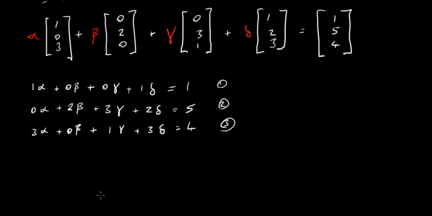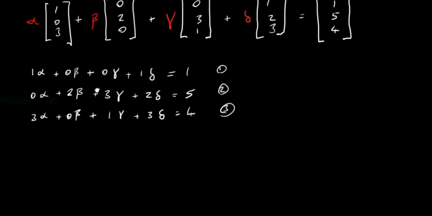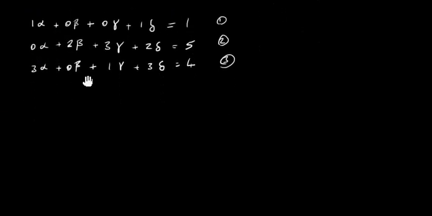Well, let's just rewrite them slightly because there are a lot of zeros here, so let's see what we can do with those. We've got 1 times alpha, these are going to disappear, and we've got 1 times delta. So equation 1 is just going to be alpha plus delta is equal to 1. That's equation 1.